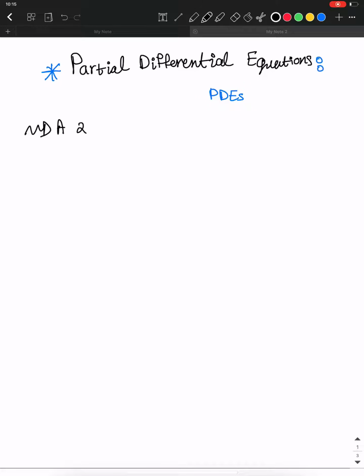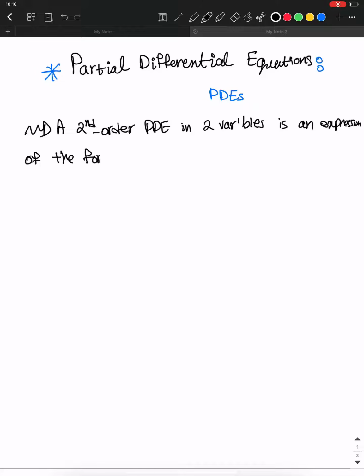So a second order PDE in two variables is an expression of the form F(x, y, u, ux, uy, uxx, uxy, uyy) equals 0. What does the second order PDE look like?